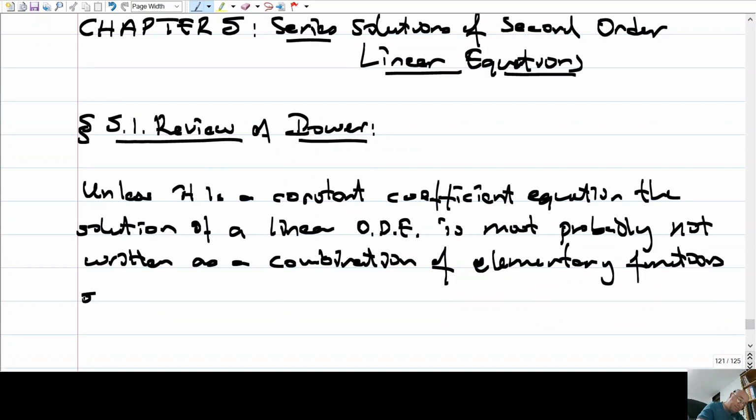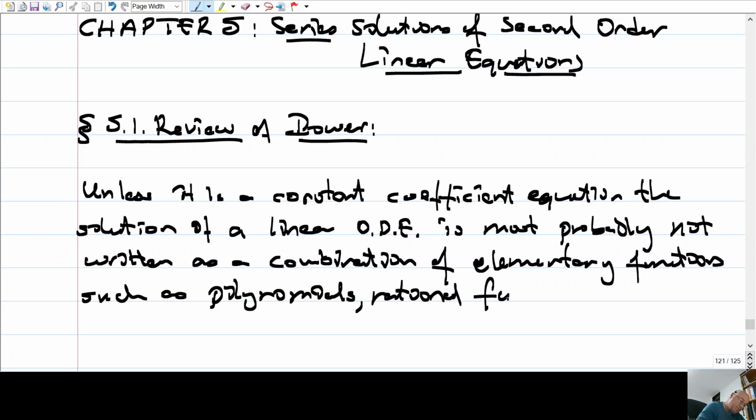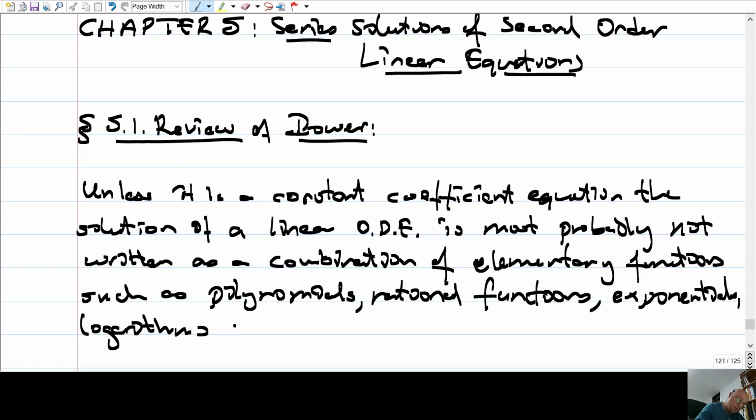Such as polynomials, rational functions, exponentials, logarithms, and trigonometric functions.